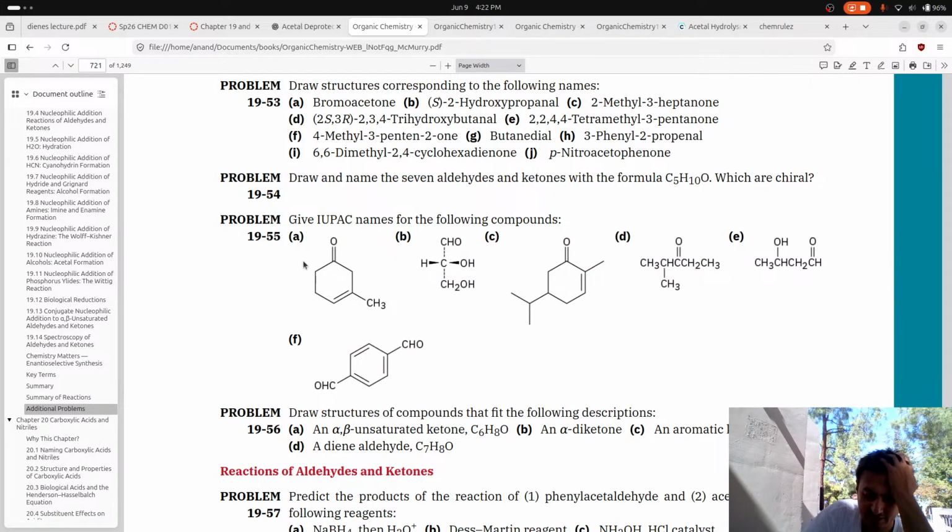It's like a vicinal diol. So it's like 2,3 propan diol al. I'm skipping the stereochemistry because I don't really care.